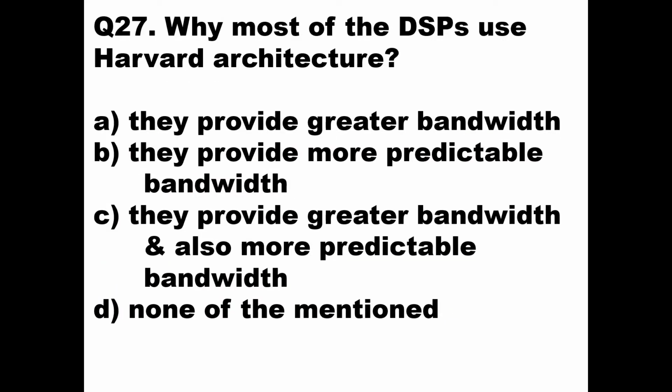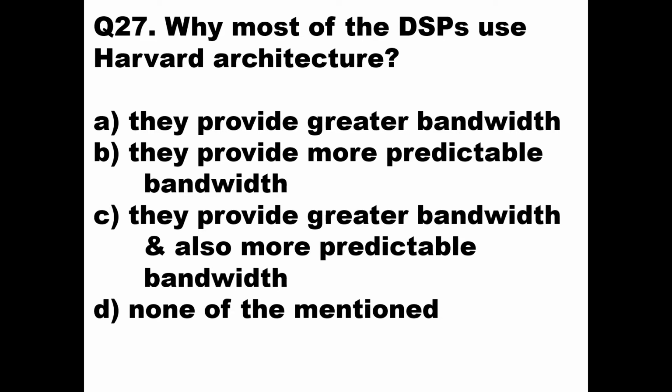Then we'll go to the next question, question number 27. Why do most of the digital signal processors, DSPs, use Harvard architecture? The options here are: option A, they provide greater bandwidth; option B, they provide more predictable bandwidth; option C, they provide greater bandwidth and also more predictable bandwidth; and option D, none of the mentioned.